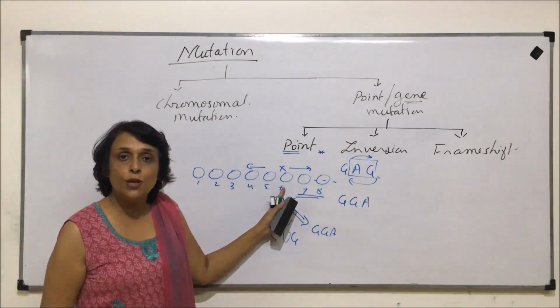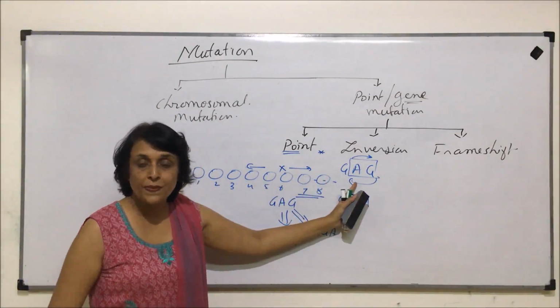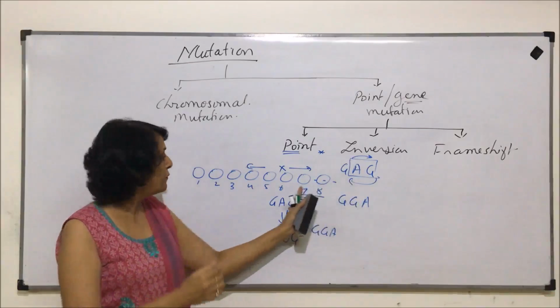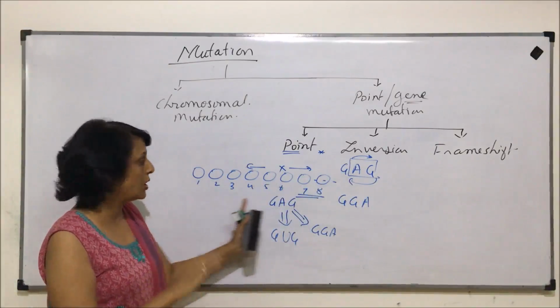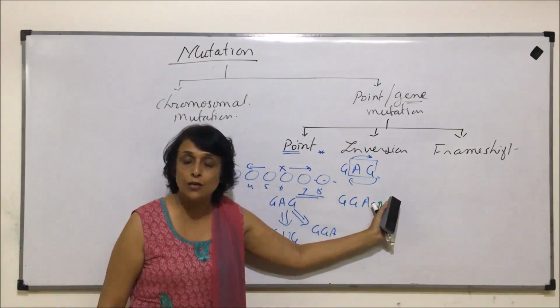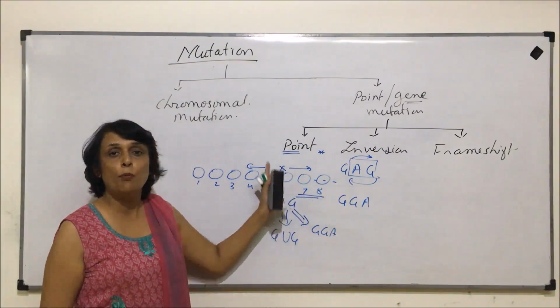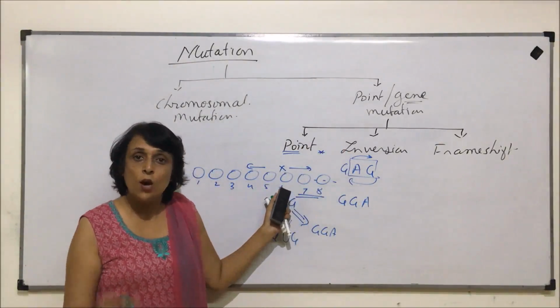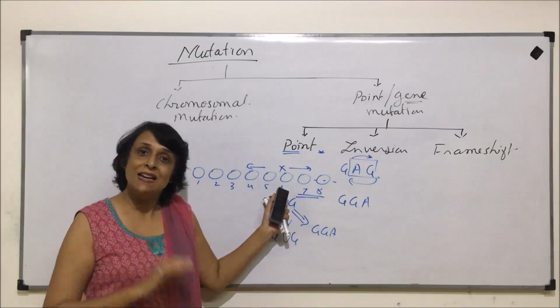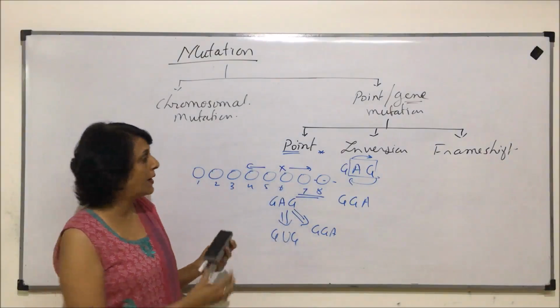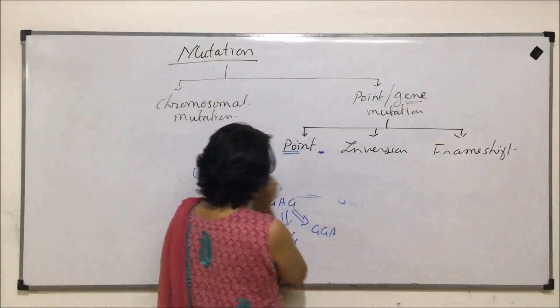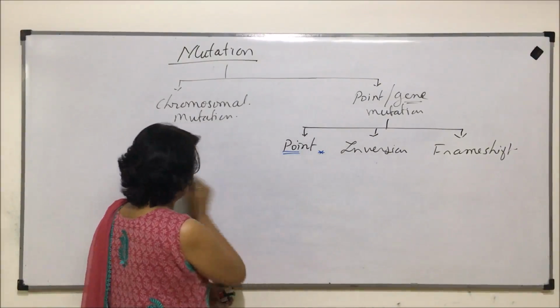So in point mutation as well as in inversion, before that mutation there is no change, and after the mutation there is no change. Only wherever the point mutation or inversion takes place, only that amino acid is different from the normal one. The situation in frame shift mutation is slightly different.